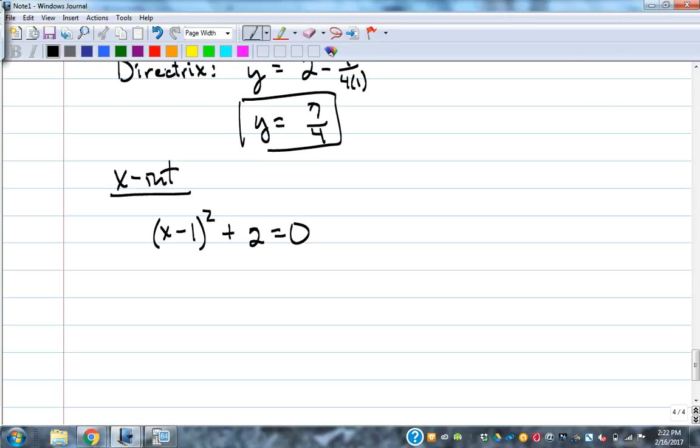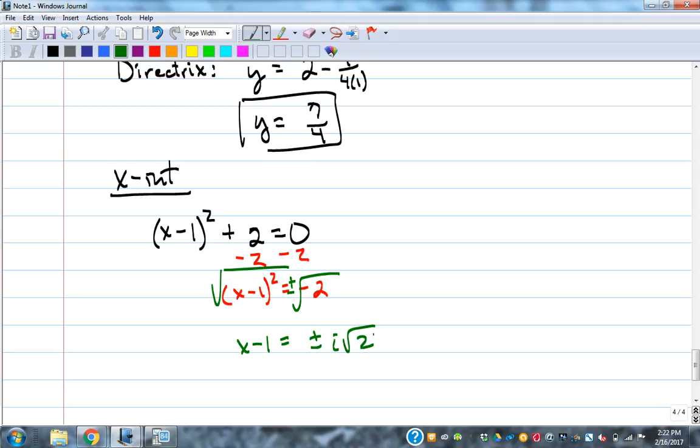Solve it by square roots. We got something squared equal to a negative. So when I take the square root, what kind of answers does that get me? Complex. I comes out. So what does that mean about x-intercepts? If they're complex, do we have x-intercepts? No, they don't. There aren't any.